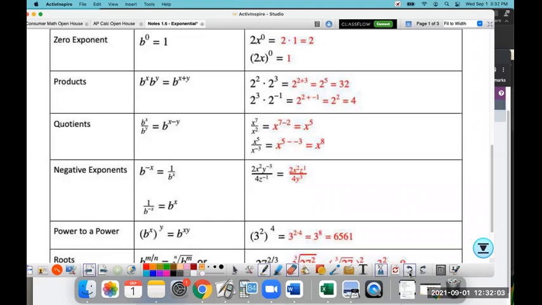Now, quotients. If we are dividing the same base, we subtract their exponents. And again, I don't care what the sign is. Even if I had, let's say, x to the -3 over x to the -4, that would be x to the power of -3 minus -4. That would be x to the power of 1.